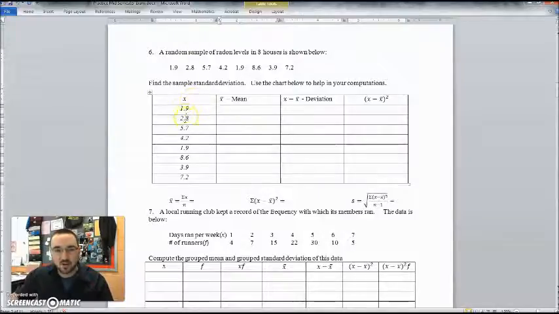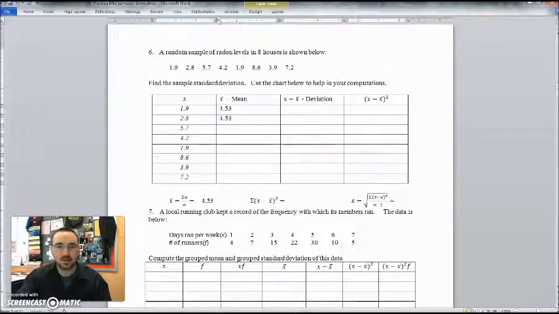So if you add up all of your X values in this column, and then divide by the total number here, which is 8, we're going to get a mean of 4.53, roughly. You can always round, and depending on where you round, it gives you slightly different results, but in the end it should be very close. So 4.53 for our mean.